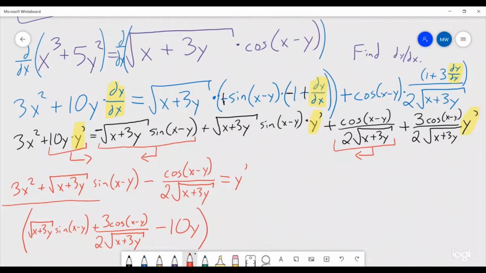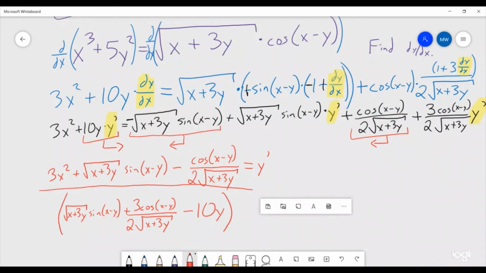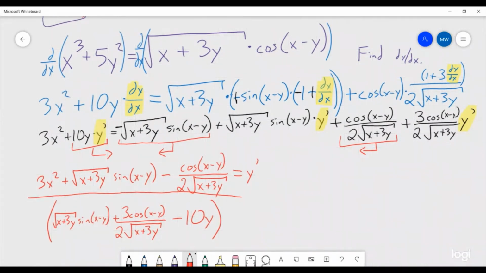So it's all of that divided by that stuff. And so that is going to be y prime in this case. That is how we would be able to go about and solve that. Now, is that a pretty way to see it? Absolutely not. But that is what the derivative of this function would be.